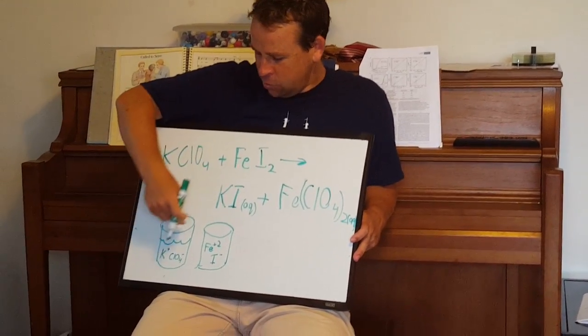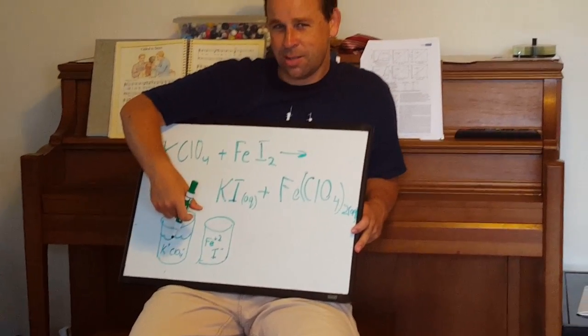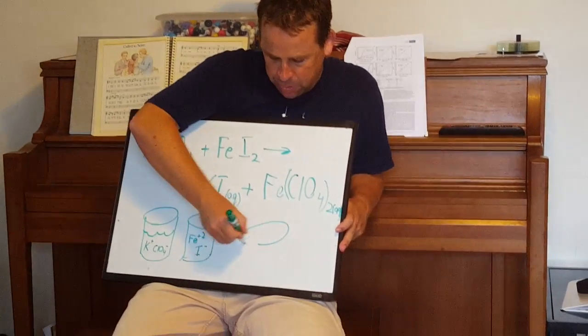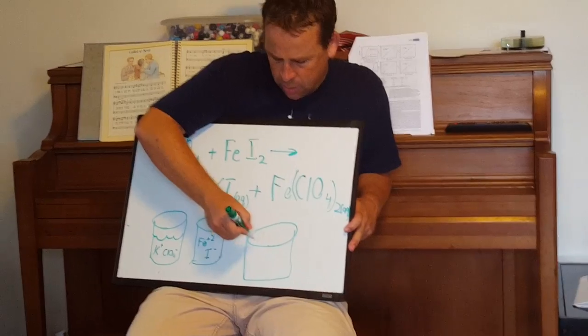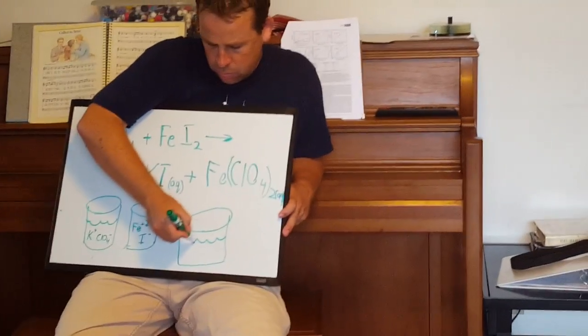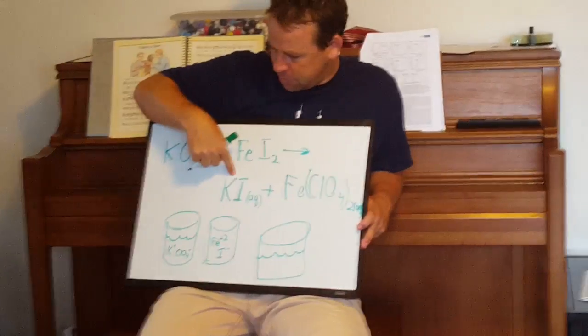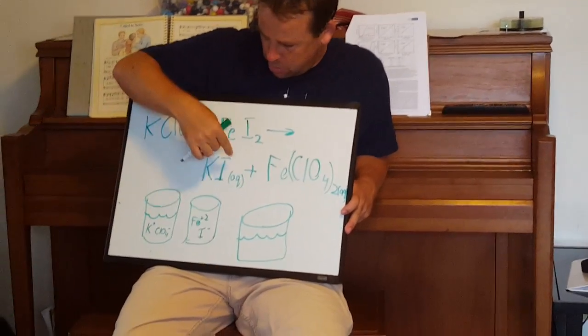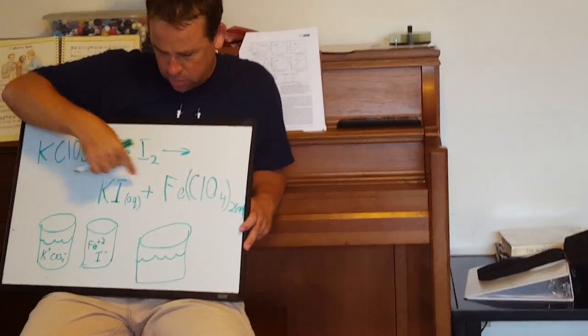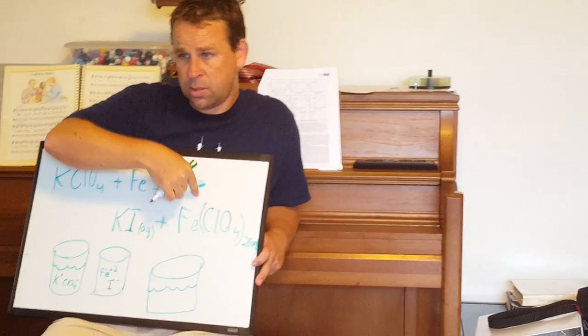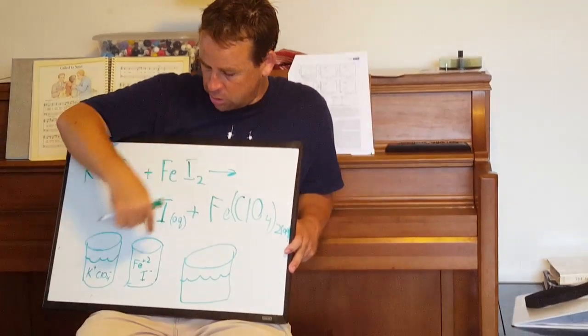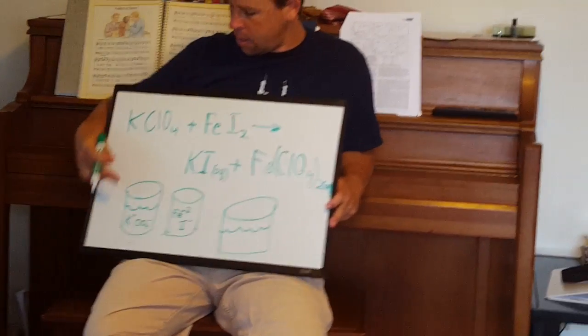So I have two solutions, correct? I mix them together into a bigger solution, and now what do I have in here? We decided this is aqueous, so I still have potassium ions and iodide ions, and I still have iron ions and perchlorate ions.